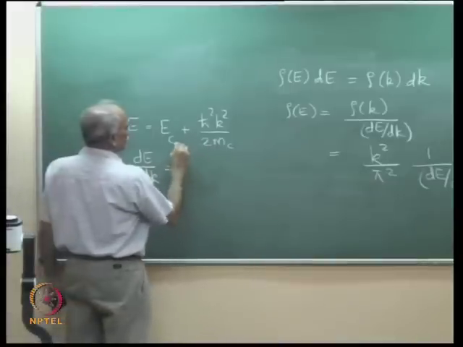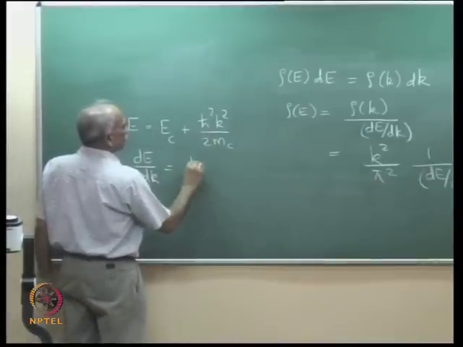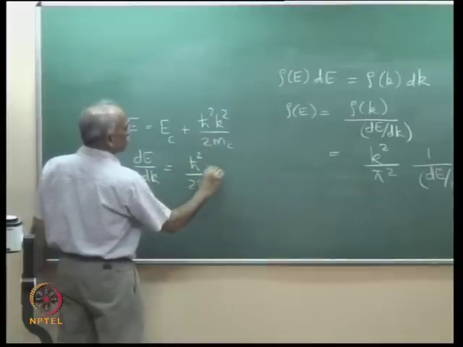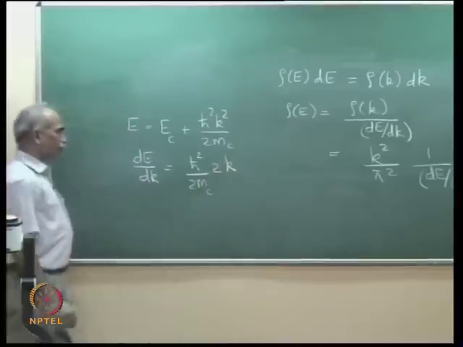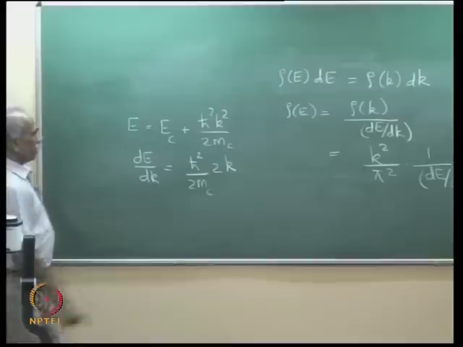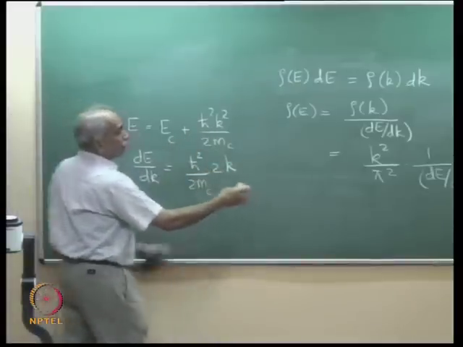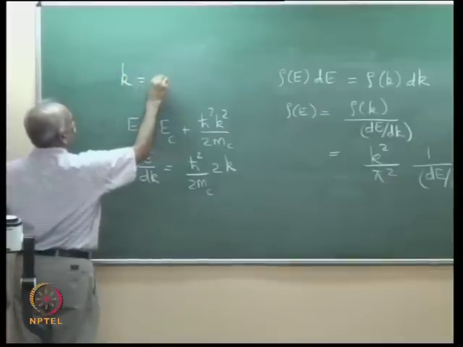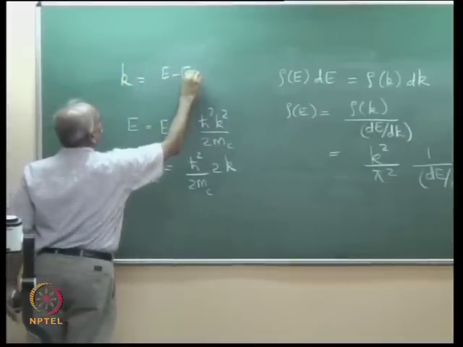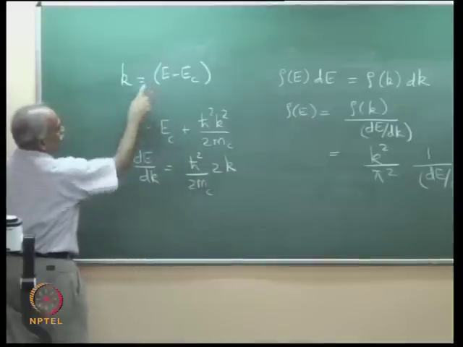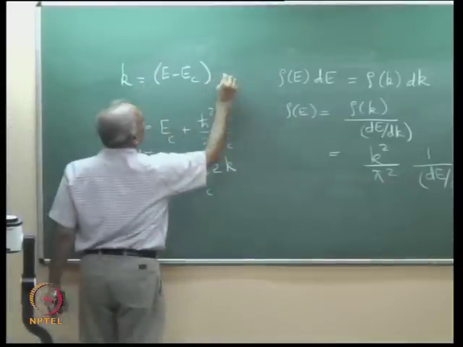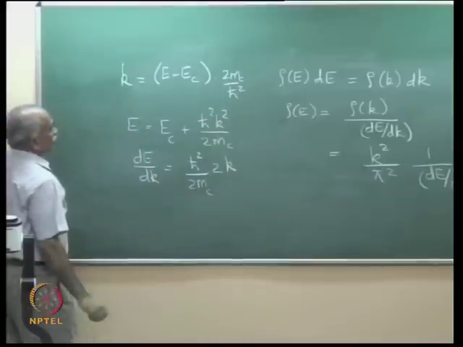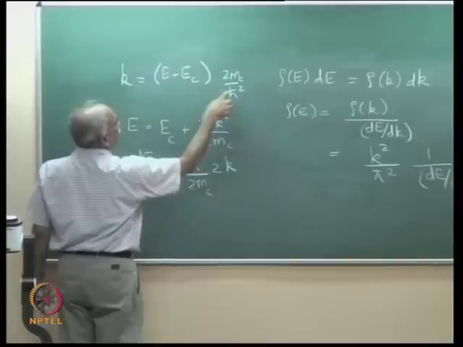So dE by dk, the EC term is 0, so we have h cross square by 2 mc into 2k. And what is k from this expression? Because I want to eliminate k completely. From this expression, k is equal to E minus EC, into 2 mc by h cross square, to the power half.